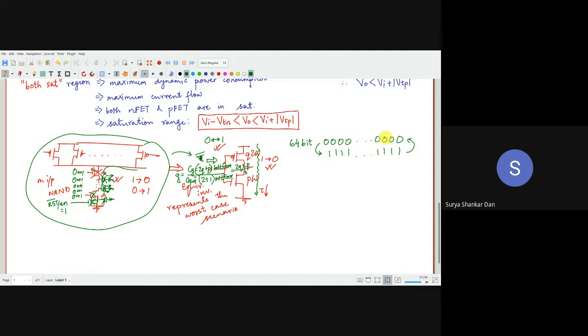Got it? So you are essentially doing the IC design for the worst situation, where the maximum power consumption will happen. And we are going to calculate the logical effort and all the timing analysis for the equivalent inverter. Got it, everyone?